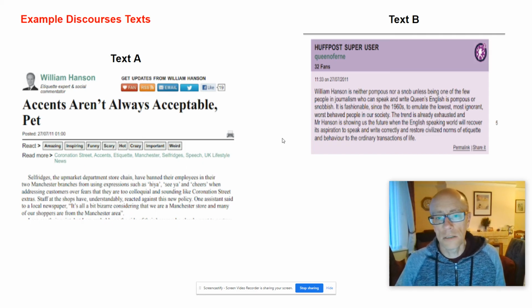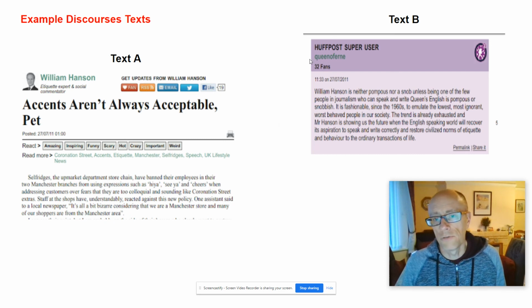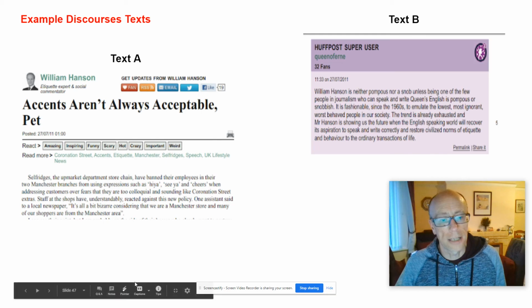So this is interesting because presumably it's a similar kind of audience. If this is a comment that's written in response to Huffington Post, they're from the same site, but they'll be very different sorts of writers. And that actually is the entire piece. So you can see that that's a very, very short piece. And yet you're going to have to compare that in an hour with a quite lengthy article.